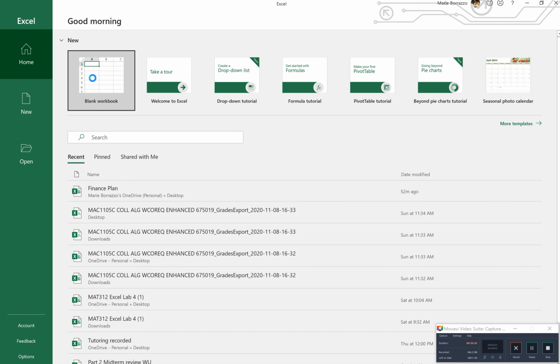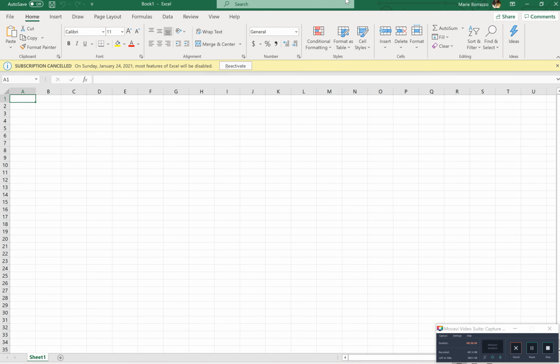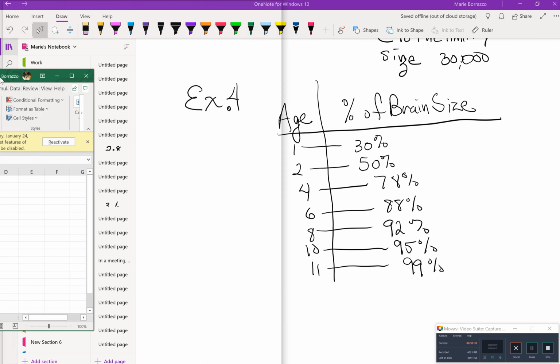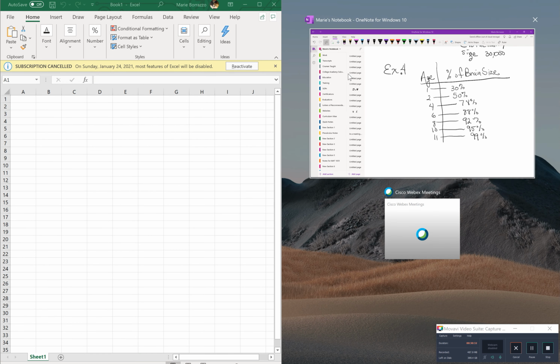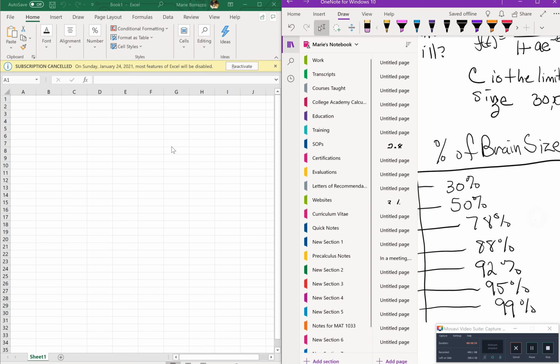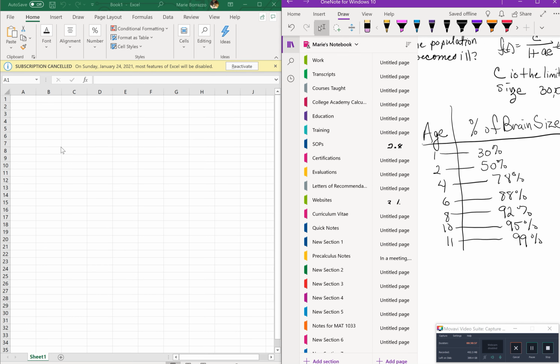All right, so I'll go to Excel. And I'm going to try to replicate what they have here. So again, I'm going to put age here just to help you follow along. And this is going to be the percentage of brain size. So we'll go with age first: 1, 2, 4, 6, 8, 10, 11.